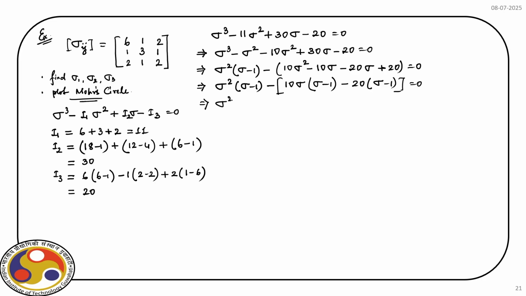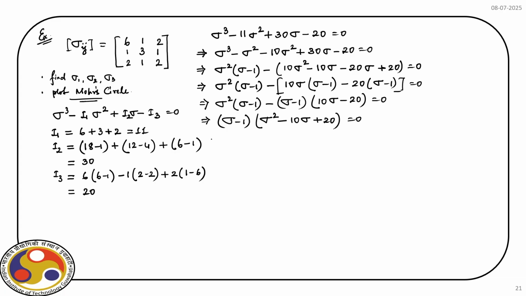So, we have sigma square times sigma minus 1, then here we have sigma minus 1 times 10 sigma minus 20, which is equal to 0. So, we get the first root sigma minus 1, within bracket we have sigma square minus 10 sigma plus 20 is equal to 0.